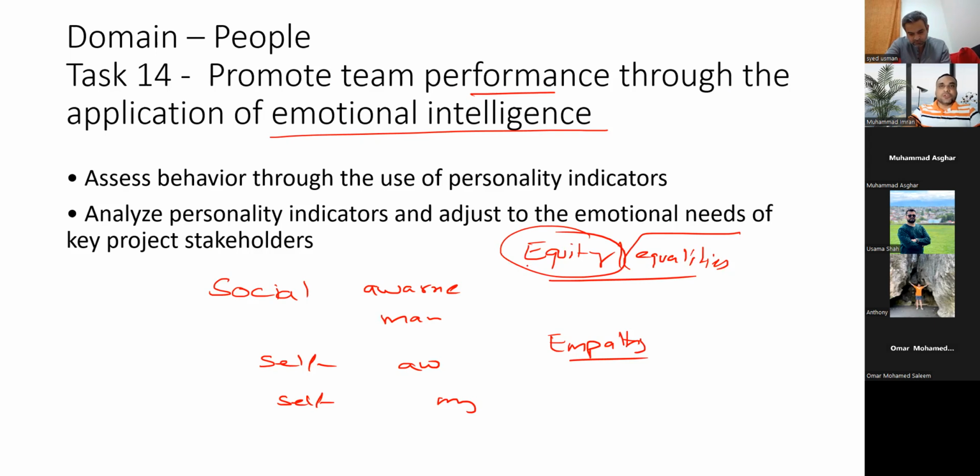It's not like someone is doing low performance and is rewarded the same. Like I can say there is a 10% increment for everyone. So those who performed well didn't get anything, and those who did not perform well get everything. So it cannot be based upon equality. It has to be based upon equity.